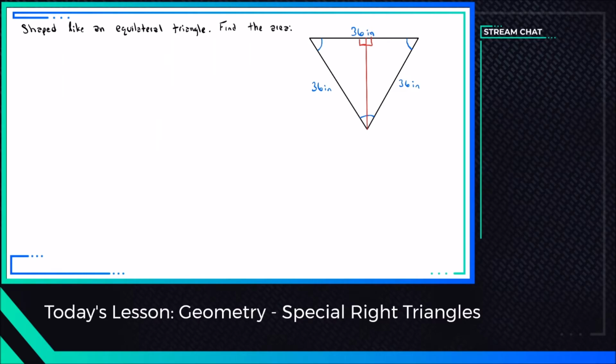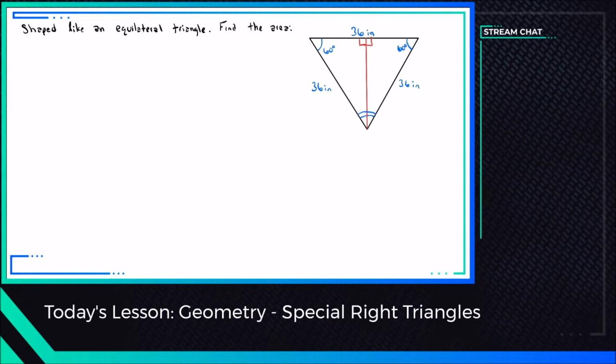So now we have two right triangles, and they're special right triangles, because if this angle over here is 60 degrees, and this one is 60 degrees, when we split this 60 degrees in half down here, we're going to get a 30-degree angle.